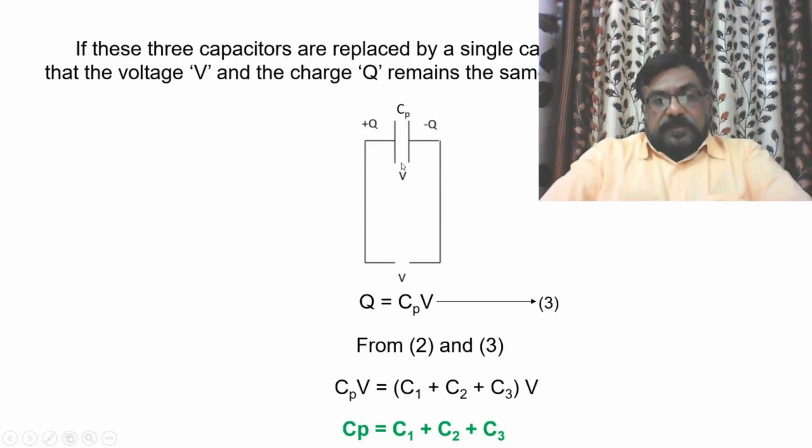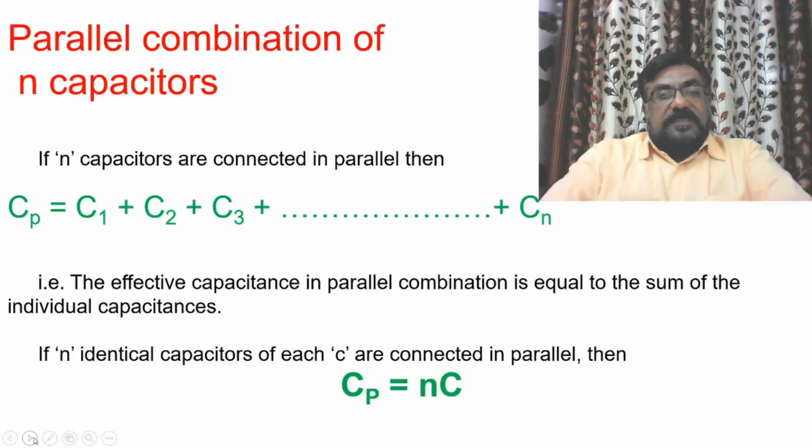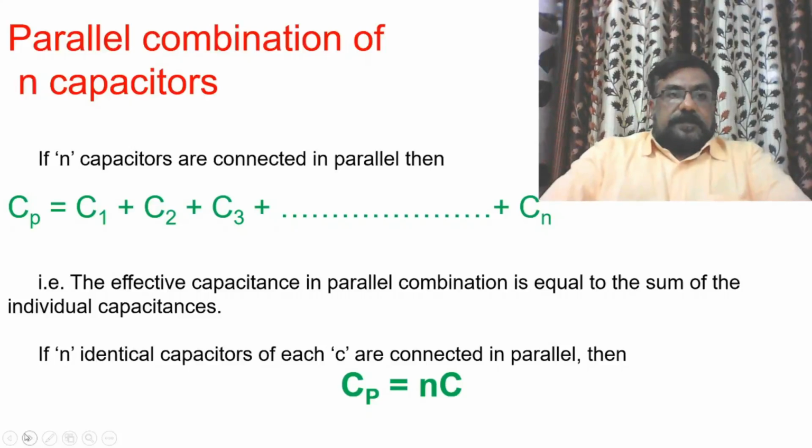For such a capacitor connected to a source of voltage V, Q will be equal to Cp into V. Comparing this equation with the previous one, you will get Cp into V is equal to C1 plus C2 plus C3 into V, or Cp is equal to C1 plus C2 plus C3. Or in parallel combination, the effective capacitance is the sum of all the individual capacitors.